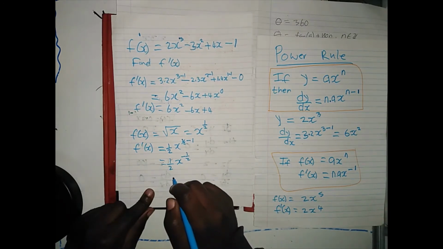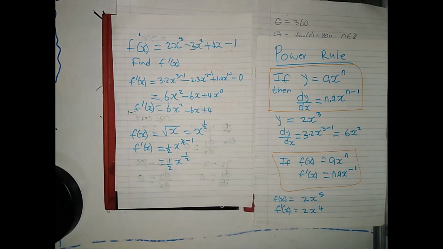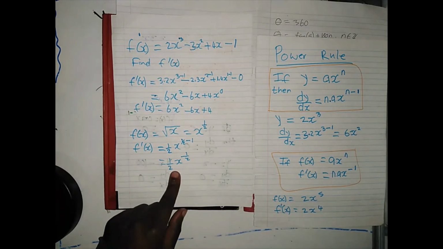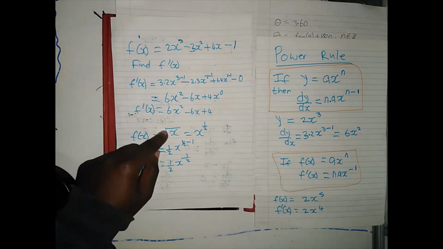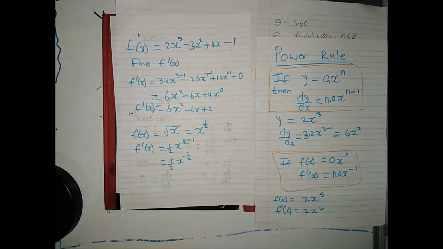Can you see that? You can actually use your calculator to check it. So this is your derivative of this. Before you could derive it, it had to be in a form where you have something and a power, because you couldn't use the power rule without a power. No power, then no power rule.